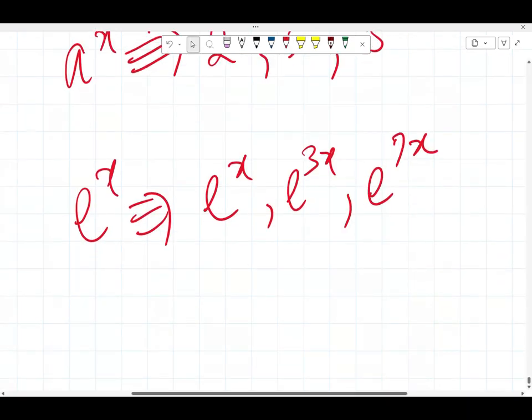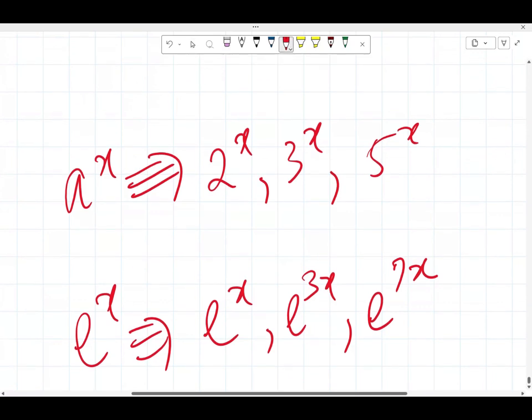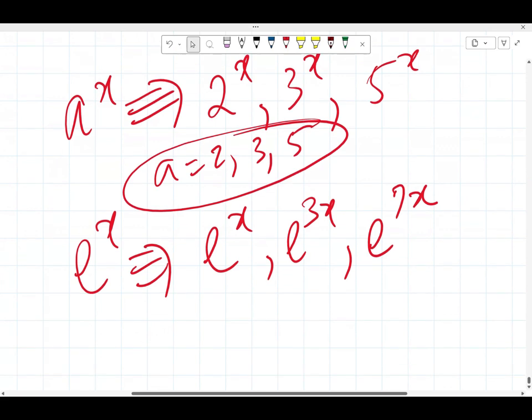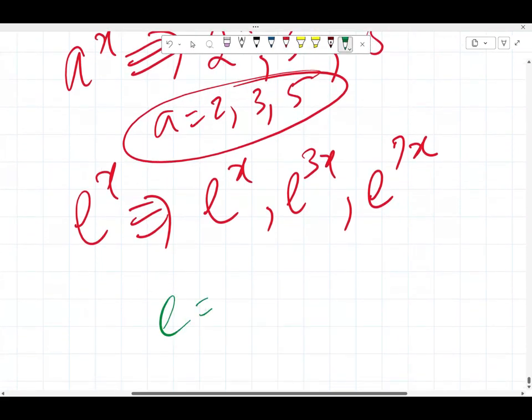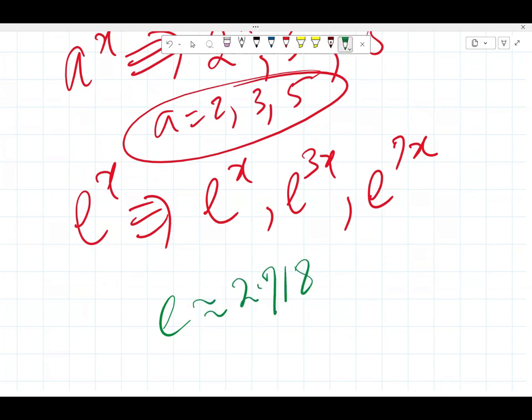So while a is like 2, 3, 5, and so on, e is fixed. E is approximately 2.718. So that's the difference here.